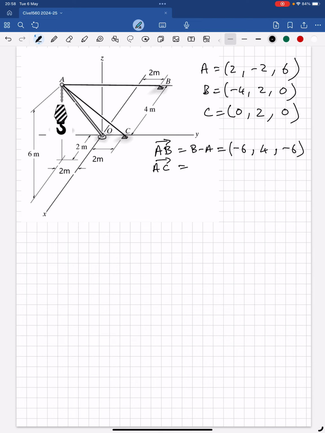AC is equal to C minus A, which is equal to (-2, 4, -6). And AO is equal to O minus A, which is in fact just the negatives of A: (-2, 2, -6).